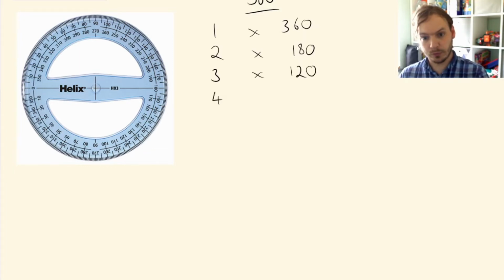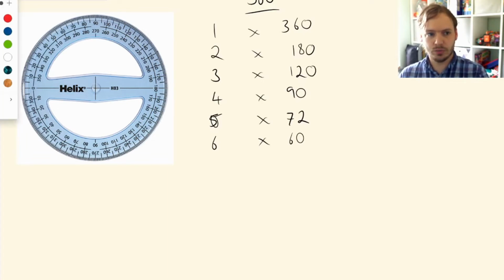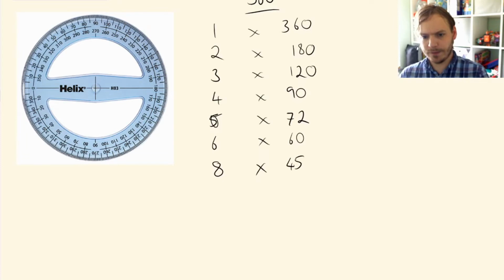It divides by 4 as well, 4 times 90, 4 right angles. 5 times 72. 6, yeah, that's 6 times 60, we can do that one. Now 7 we actually can't do, but it's the first one we can't do. Then 8 times 45.